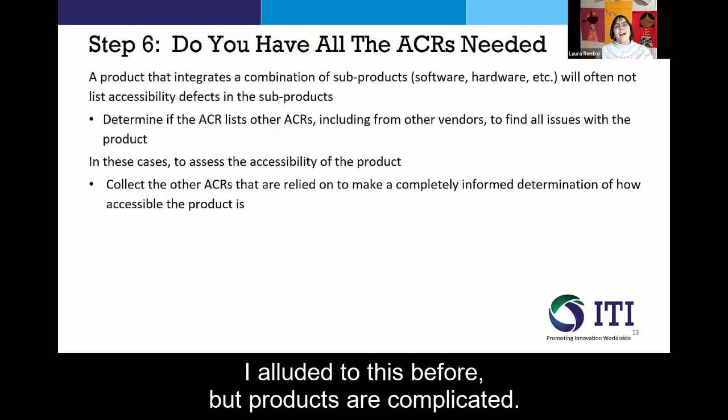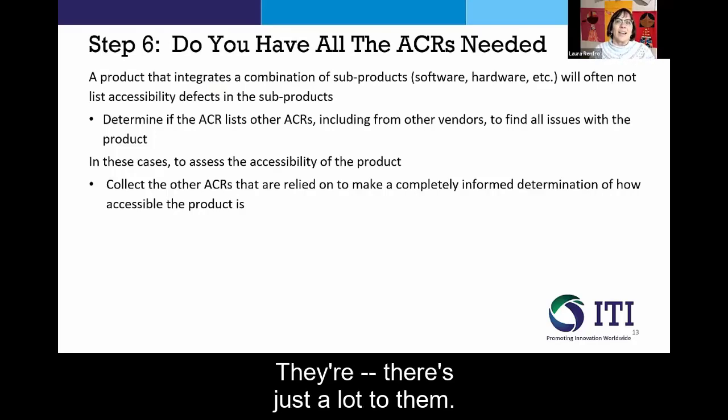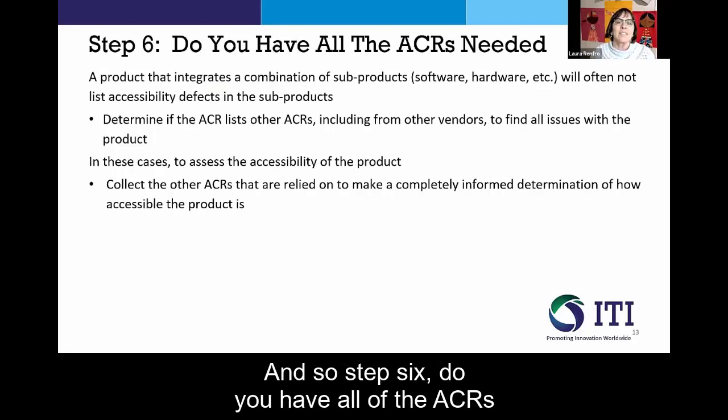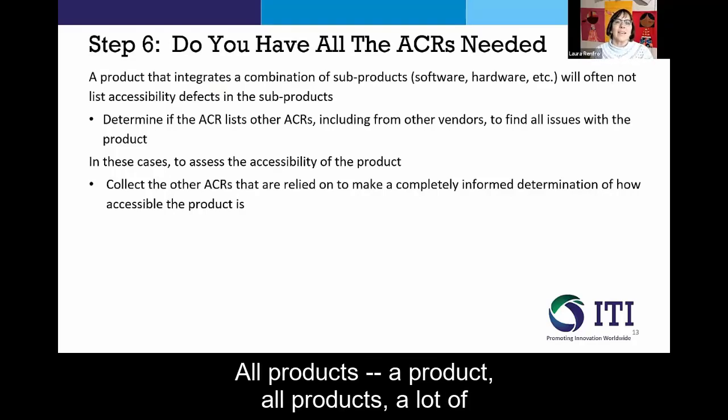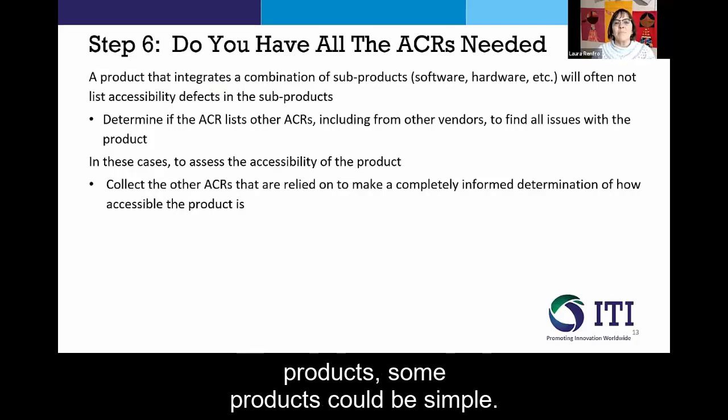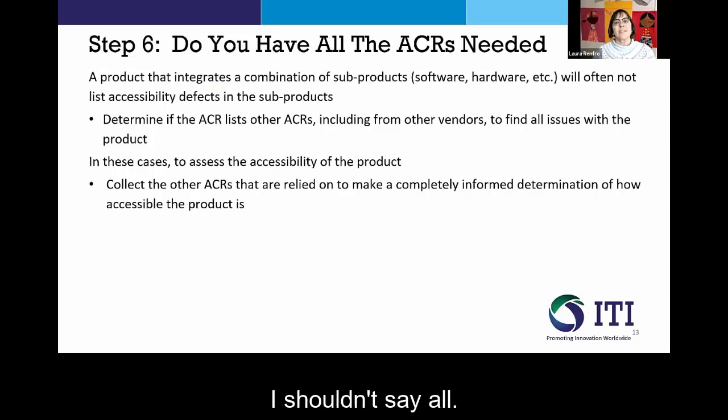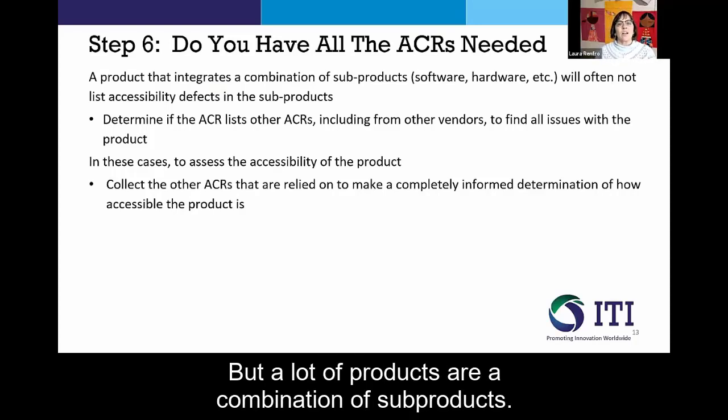Okay, I alluded to this before, but products are complicated. There's just a lot to them. And so step 6, do you have all of the ACRs that are needed for this procurement opportunity? Some products could be simple, but a lot of products are a combination of sub-products.